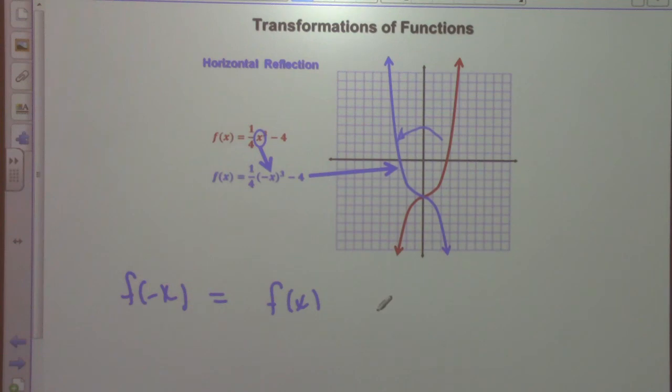All right? And what kind of symmetry do we have, what kind of function is this one right here? Yeah, if we had one function, we would call this even symmetry, but it's not really that.